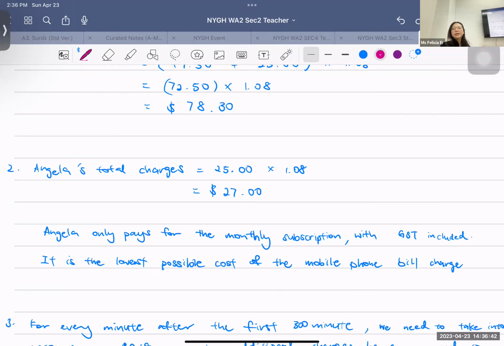The fact that her charge is 27 shows that it is the minimum amount that she's going to pay, and actually the minimum amount that anyone else is also going to pay using the old phone bill structure. Because it is the minimum amount, it is the cheapest possible phone bill charge. So that to me is the significance.